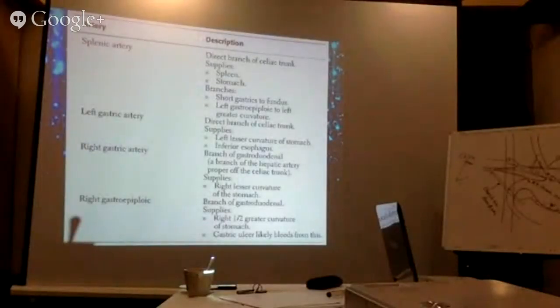So look here, the splenic artery, which is a branch of what? The celiac trunk. And this has two branches. Which ones? The left gastroepiploic and the short gastric artery.